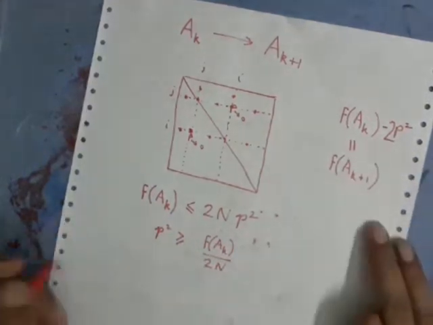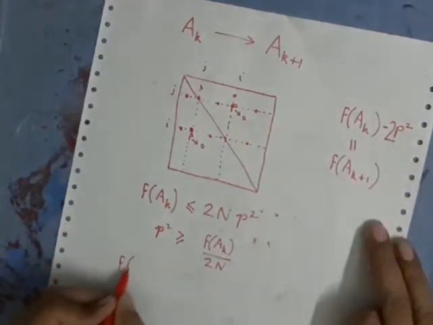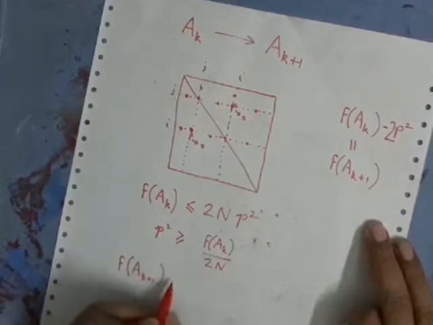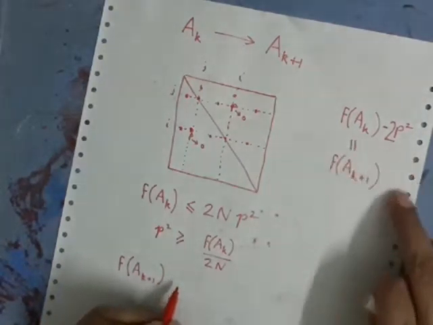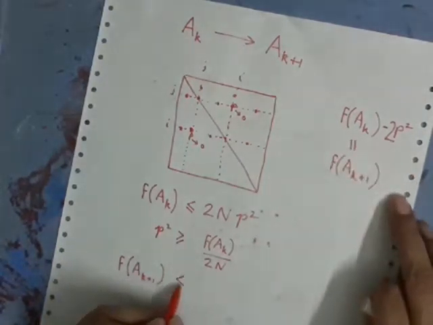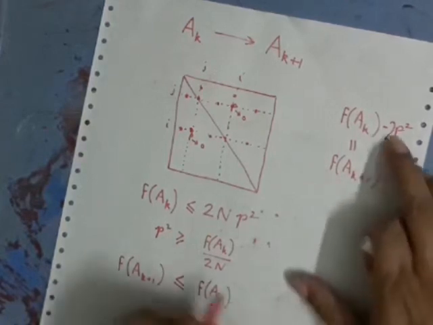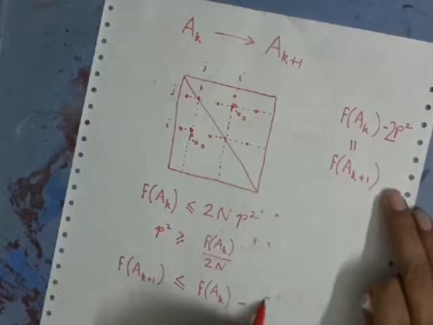Now put the 2 things together and you can see how f(A_{k+1}) will be changing. That is equal to f(A_k) minus this. So this will be less than or equal to f(A_k), the 2 and this 2 cancel, minus f(A_k) by n.